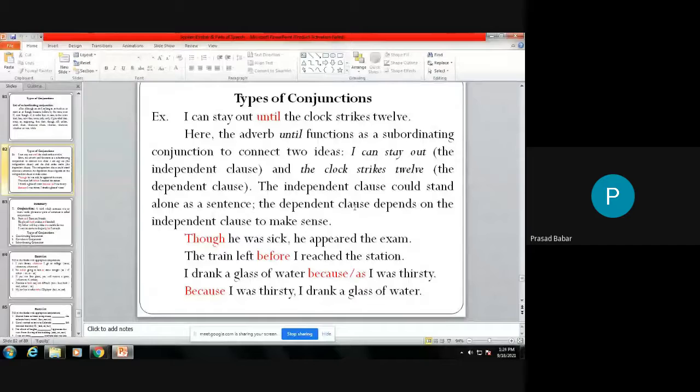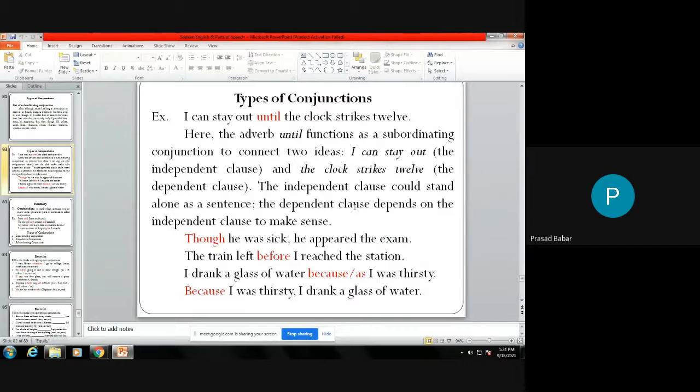Then the next example is: the train left before I reached the station. Okay, so here, the train left. Does it make any sense? गाडी सुटली. काय अर्थ होत होते का? नाही होत.